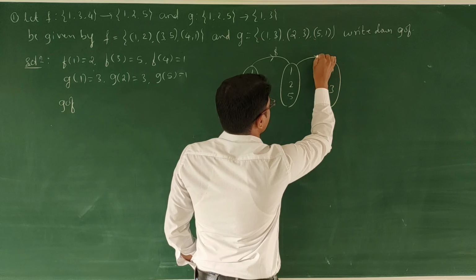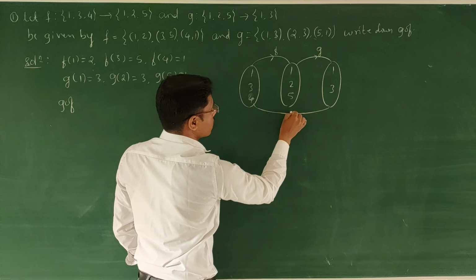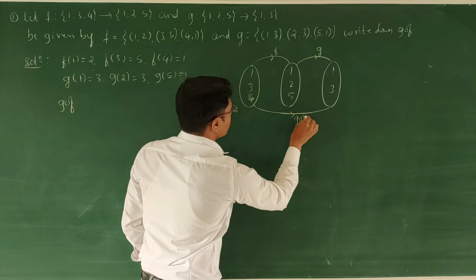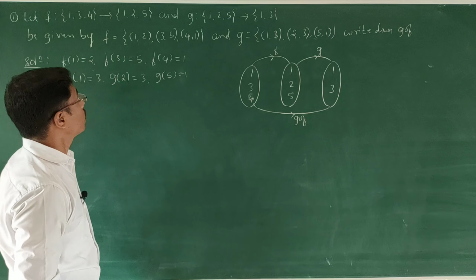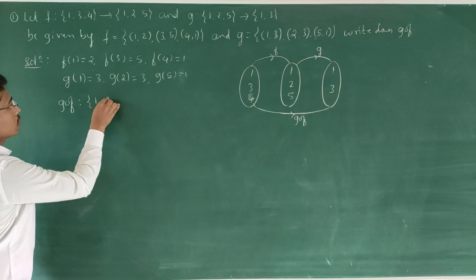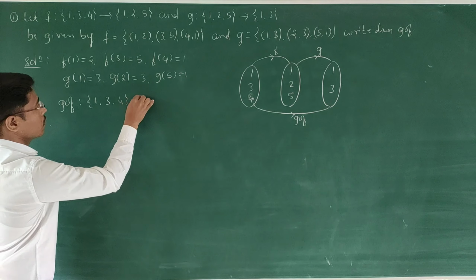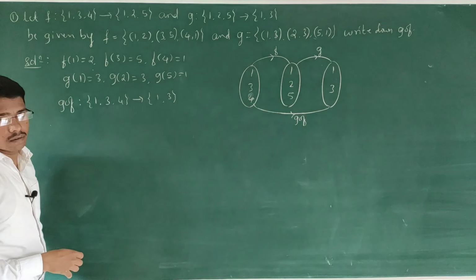So this is g. So now the graph is from {1, 3, 4} to {1, 3}.